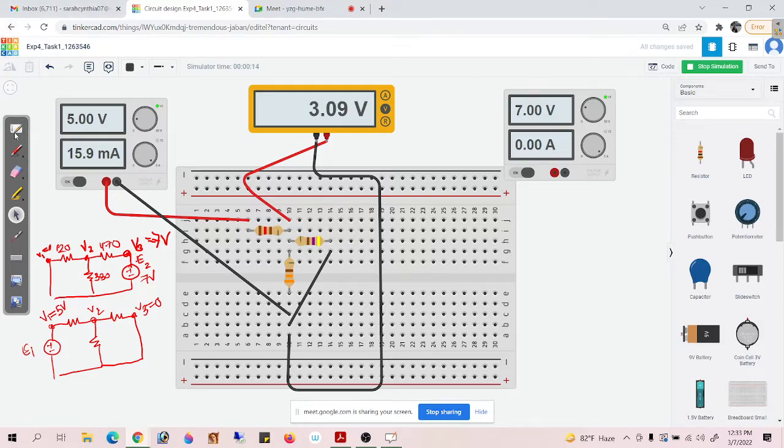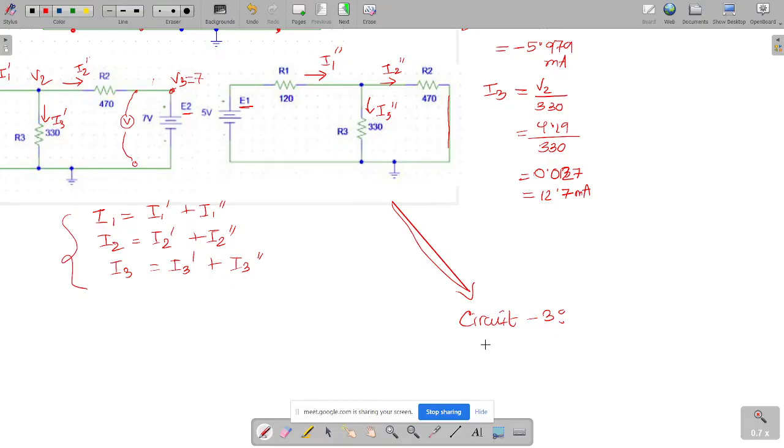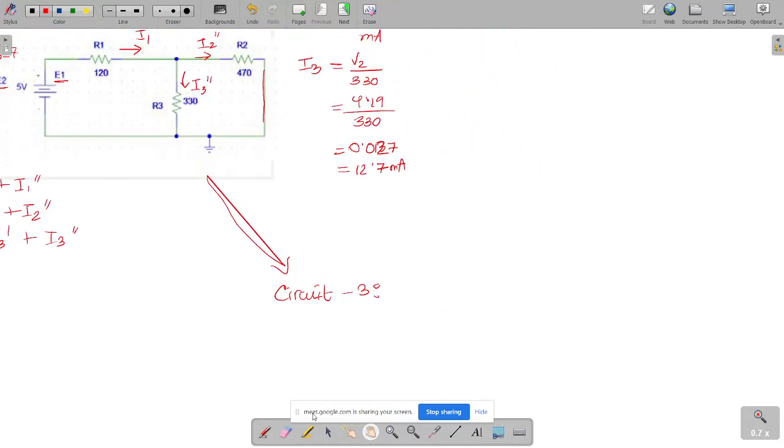So please note all the voltages down like the previous two circuits. For circuit 3, we have found V1 equal to 5 volt, V2 equal to 3.09 volt, and V3 was 0 volt, right?